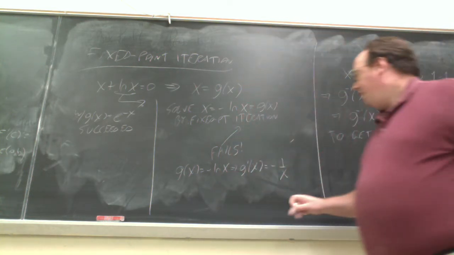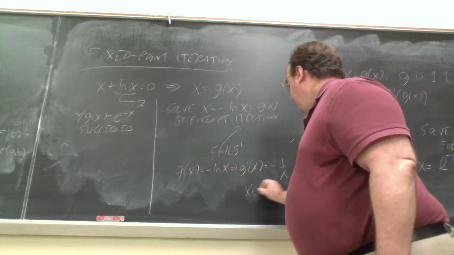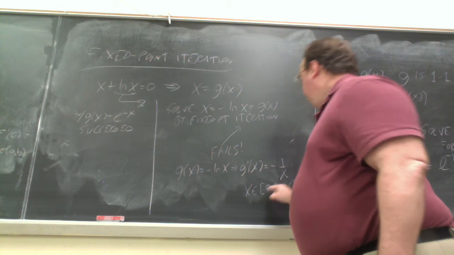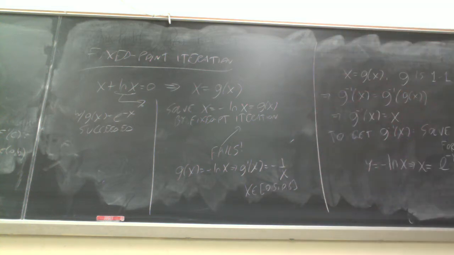But x, we were confining x to an interval of 0.5 to 0.6. So what can we say about g prime on that interval? What kind of values are we getting? Do we plug in like 0.5 or 0.6? What's g prime of 0.5?